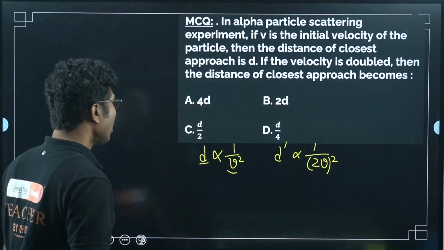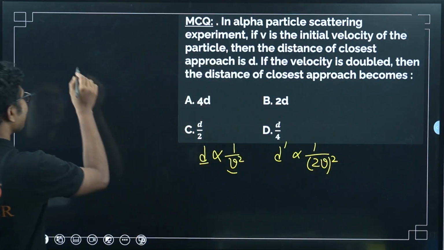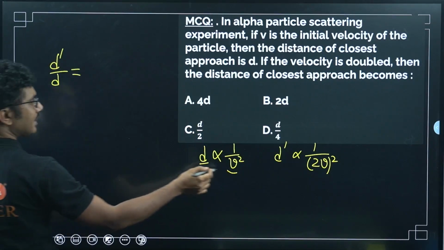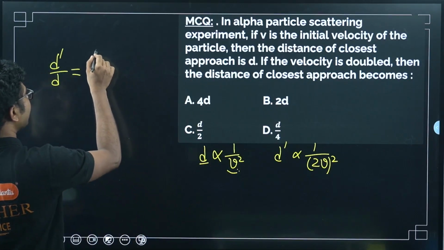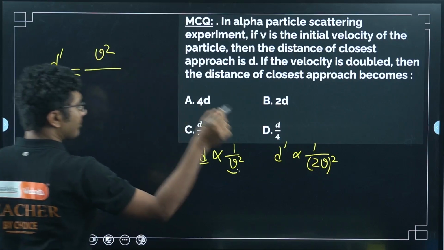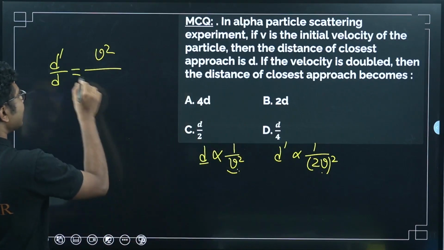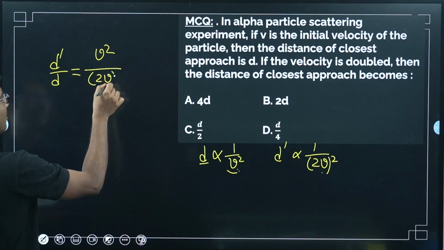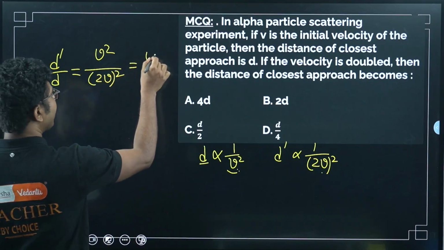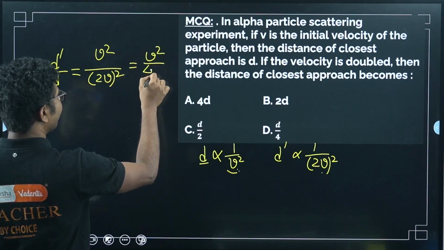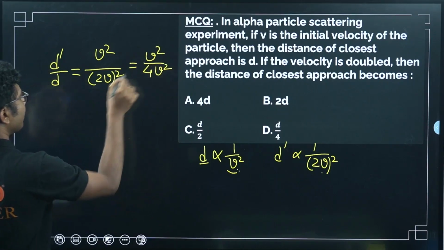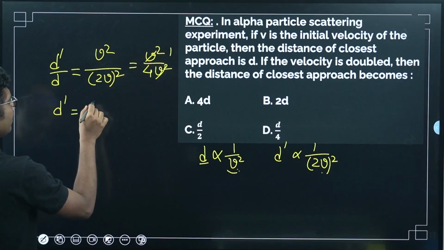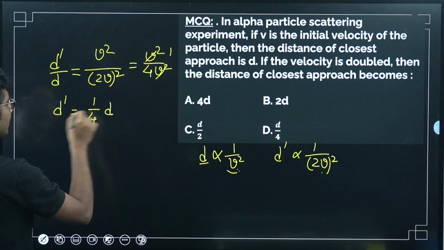Now we divide d dash by d. So d dash by d equals v square by 4v square, because v was in the denominator. The v square cancels, so d dash equals 1/4 of d.